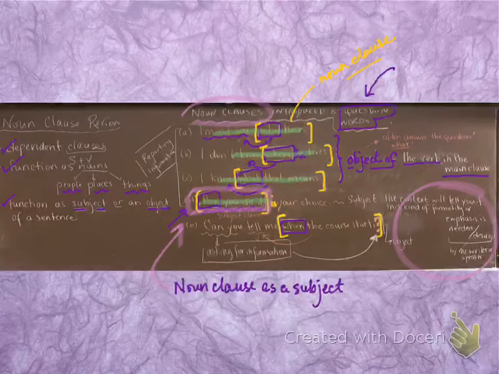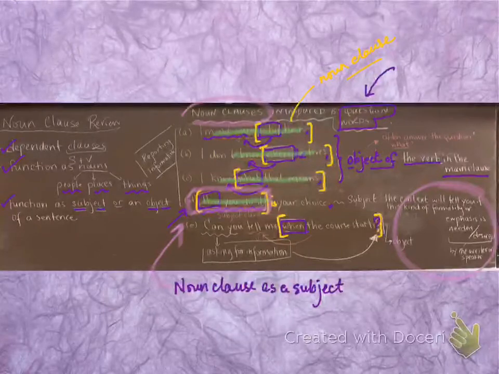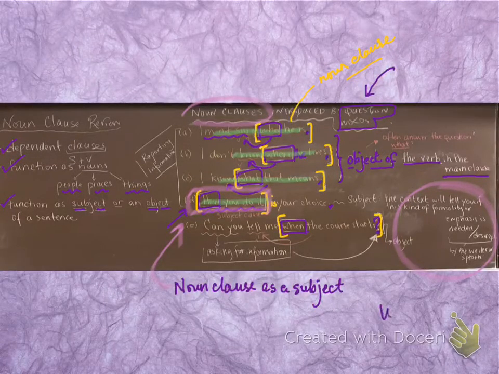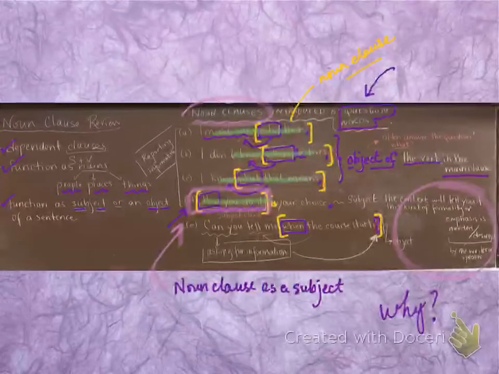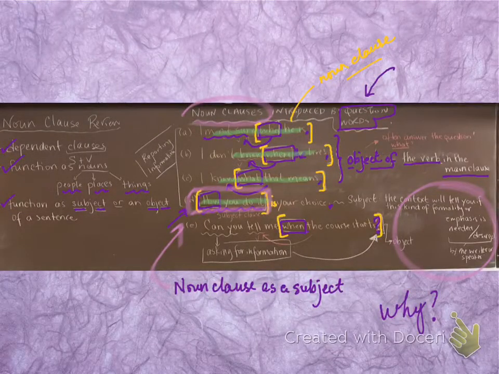But these ones all finish with a period. Whereas this one finishes with a question mark. Why? Okay. If you said because of can you tell me, then you're right.